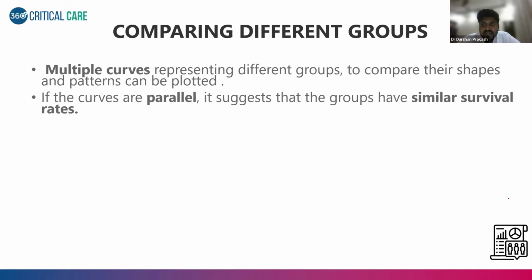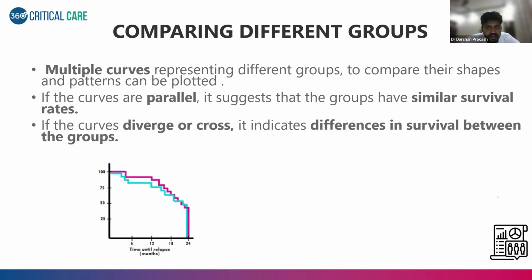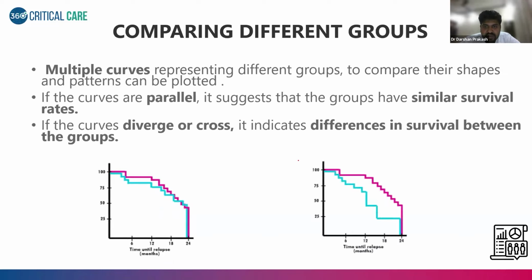If you want to suggest that there is something similar to both of them and the survival rates are also similar, then you can draw two Kaplan-Meier curves and compare. If they are running more or less similar to each other, then the survival rates are similar. If they are divergent, then there will be some amount of difference between the two groups.